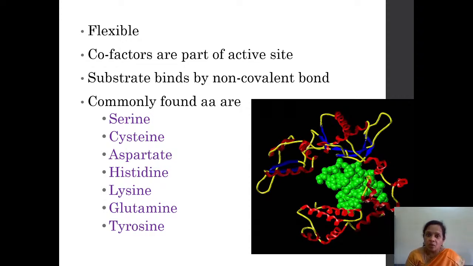Now how do we differentiate between both of them? Because some of the essential amino acids can generate non-essential amino acids. For example, phenylalanine is an essential amino acid. Tyrosine is another amino acid.